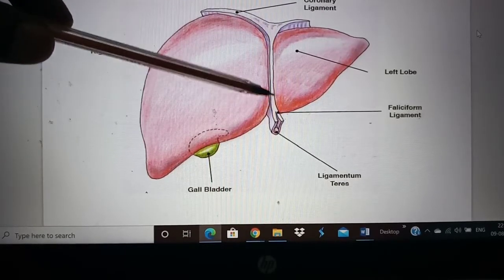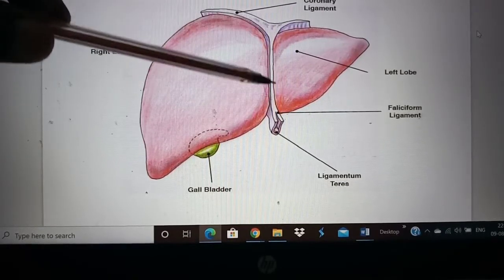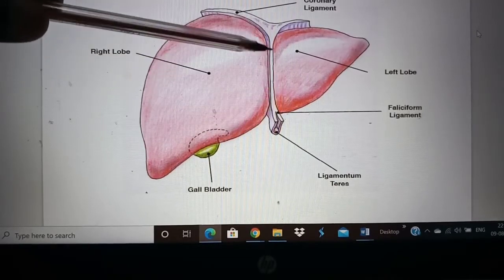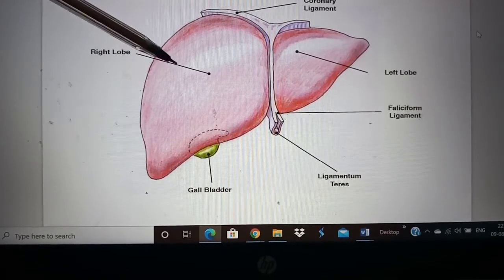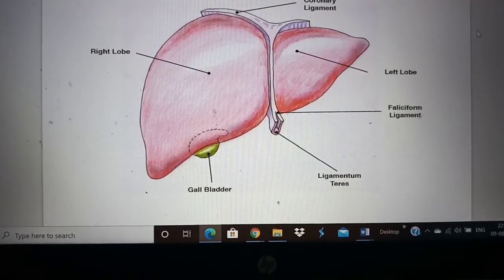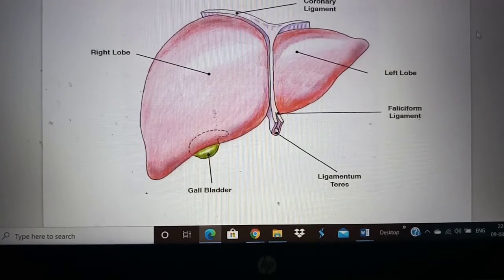The right lobe includes the quadrate lobe, an inferior quadrate lobe, and a posterior caudate lobe. So these are the lobes that you can see.